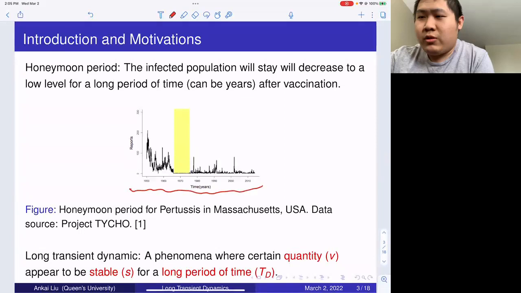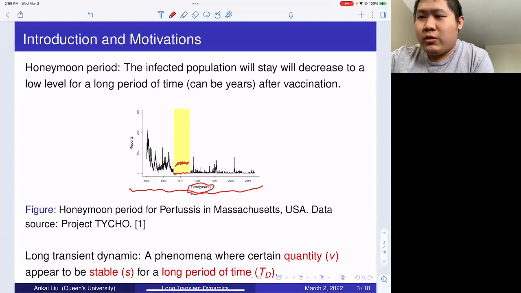The x-axis is the time, and the y-axis is the reported, basically the infected population. If you look at this white-yellow band, after the vaccination, the infected population actually stays very low, around 0, for quite a long period of time. Notice the time scale here is by year.